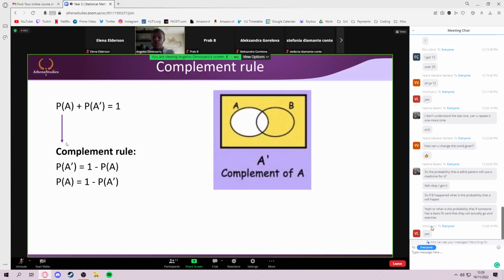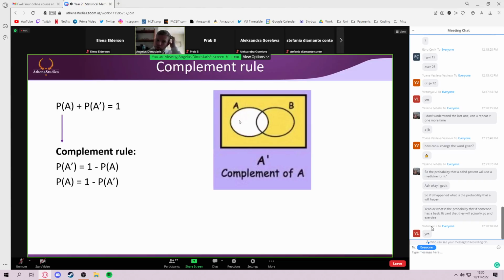So this is a really nice base, because now we can calculate the probability that the event A will happen, or the probability that the complement of A will happen. So the probability that the complement of A will happen is all the space, 1, minus the probability that A will happen.